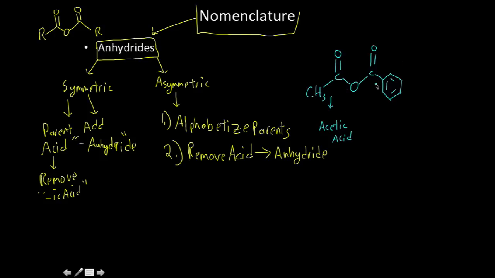This would be benzoic acid. So all I have to do now is alphabetize my names, remove the acid and add anhydride. So instead of saying that this is acetic benzoic acid, I say this is acetic benzoic anhydride.